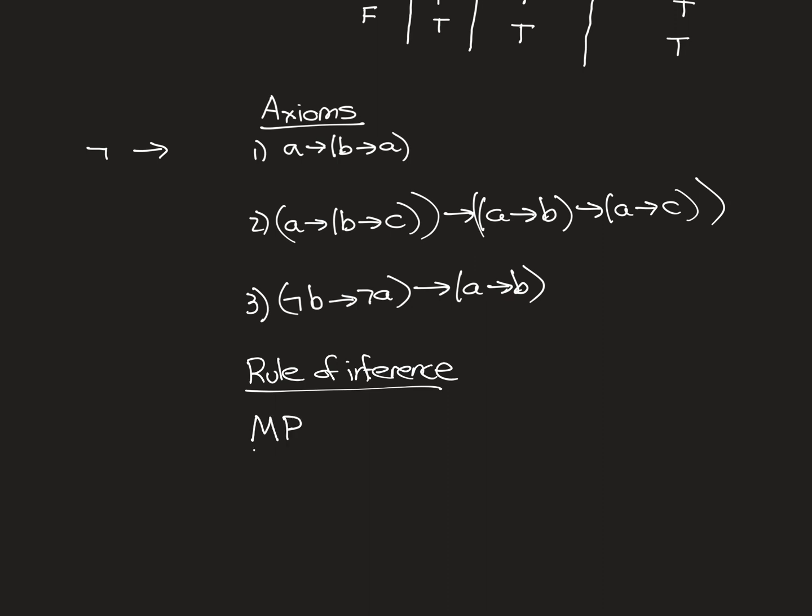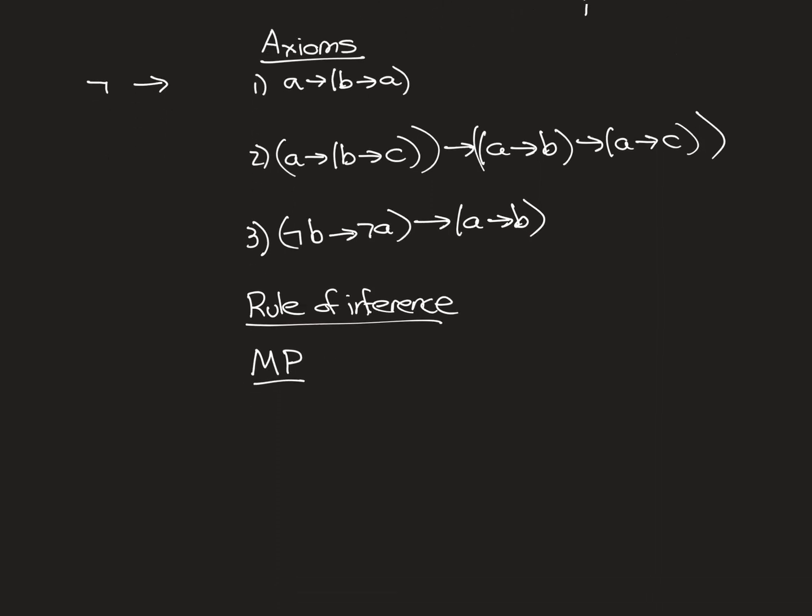So modus ponens is an operation, really, on the set of propositional formulas, except that you can't just combine any two elements together. For loads of combinations of two elements, it's not going to be defined what modus ponens gives you. Doesn't work. But for some specially chosen two elements, it will give an output.